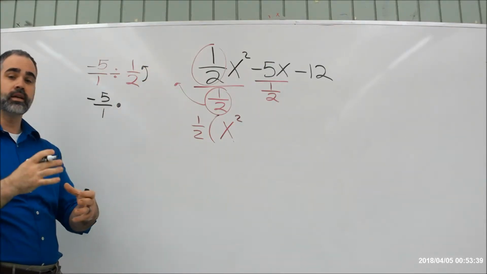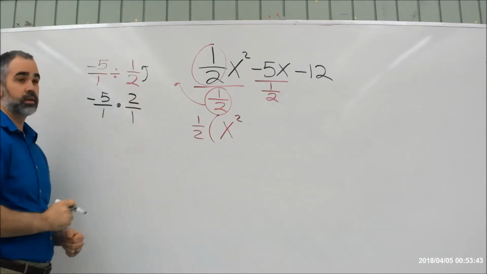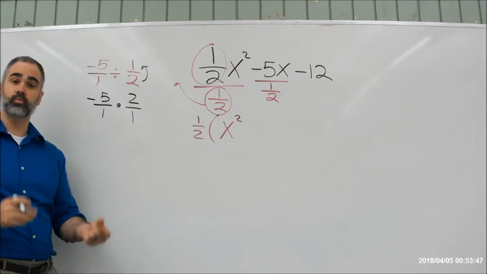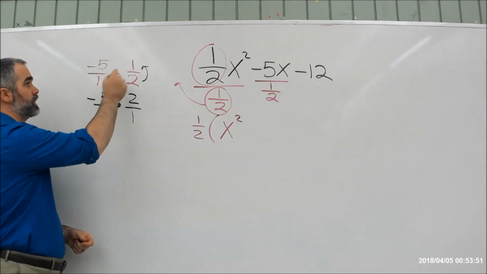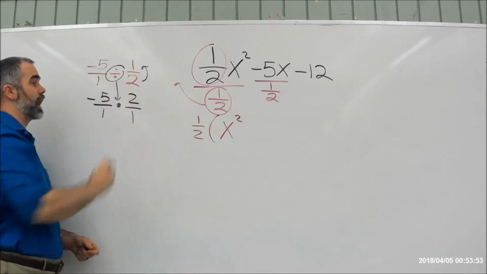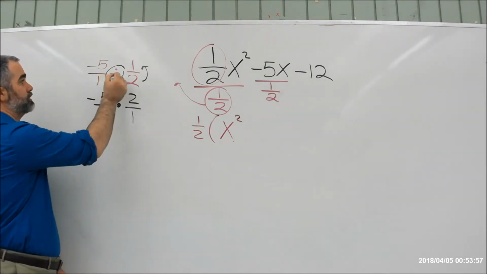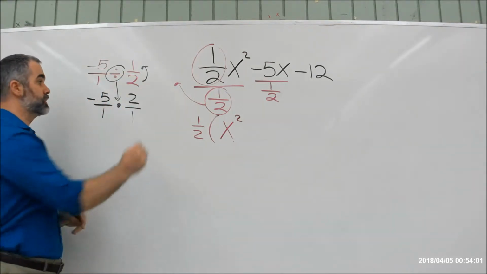Reciprocal just means the flipped fraction. My students love to use the phrase copy dot flop when you're dividing fractions. You copy the first term, you change the division sign to a dot, and you flop the second fraction. So copy dot flop. And so -5 times 2 is -10.